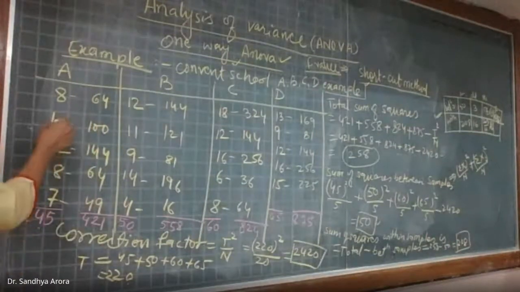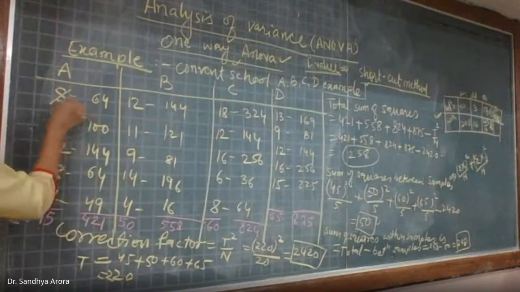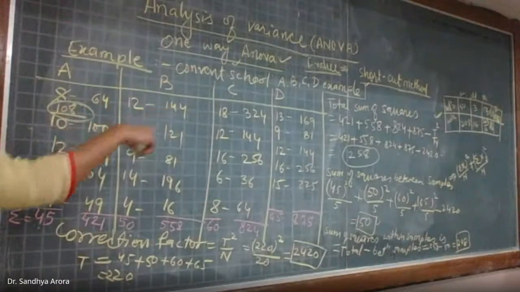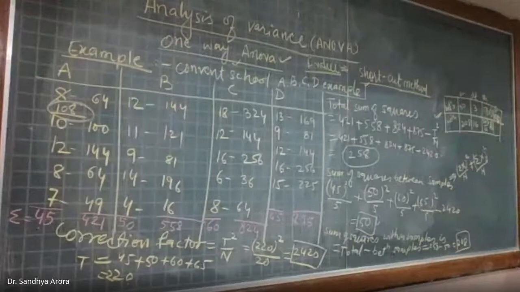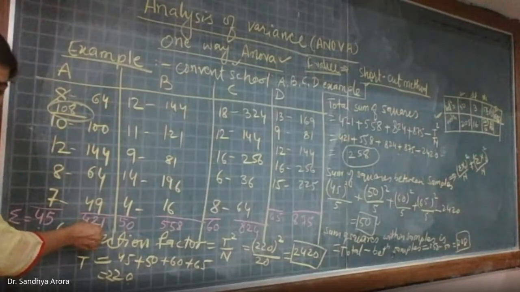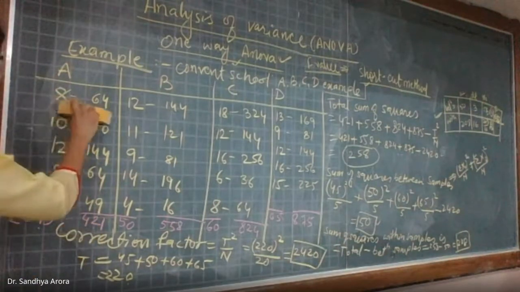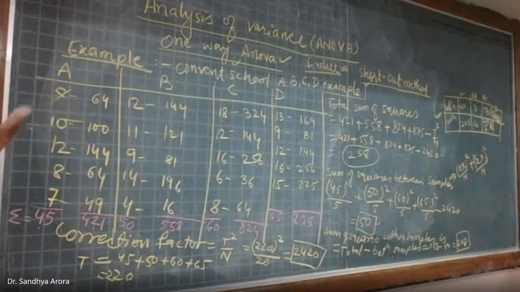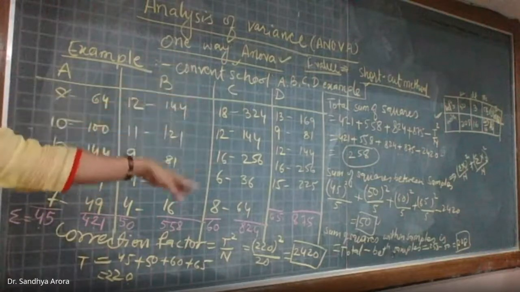If your data was not 8 but, for example, 108, would you have gone for this method of calculation? 108 squared is a very big quantity, and adding those up you get another big quantity. So this shortcut method is helpful when your data is within the limit of your mental calculation.